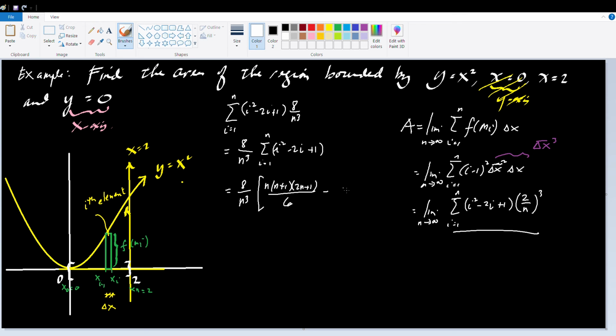Then minus 2 times the sum of i, which is n times n plus 1 over 2, plus the sum of the constant 1, which is 1 times n. If you can recall, the summation of a constant c, i from 1 to n, is equal to c times n. So that will be 1 times n.